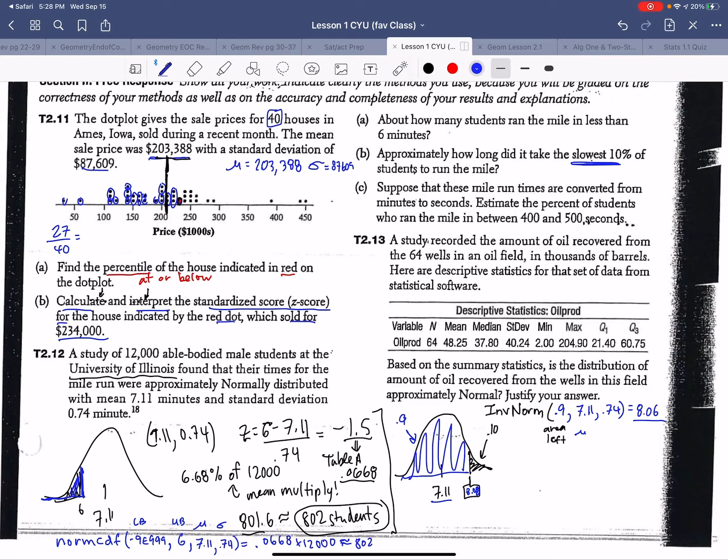Now, how would we do this for full credit? Again, we'd have to do it by hand. So we wouldn't know this number, so we'd call it x minus 7.11 all over the standard deviation 0.74. Now we would know the z-score though, because I can look in table A and find the area of 0.90 or close to it and figure out what the z-score would be going over and up.